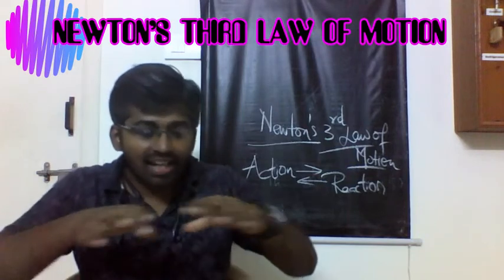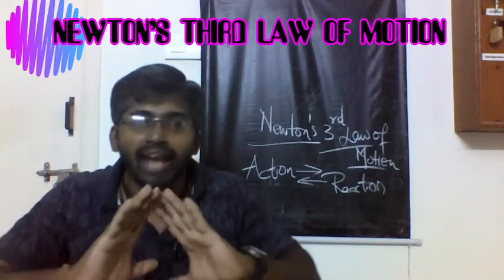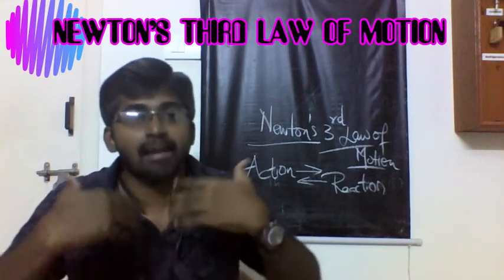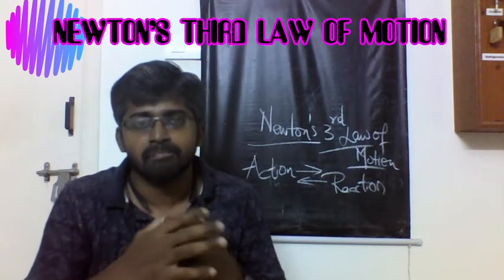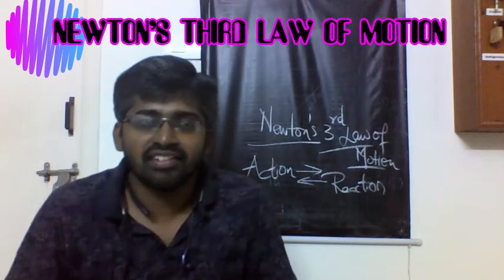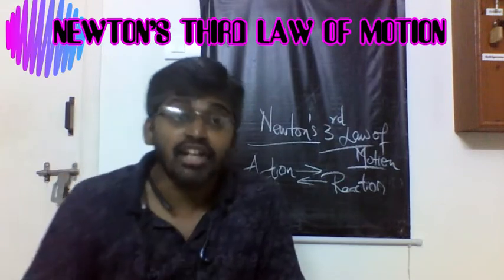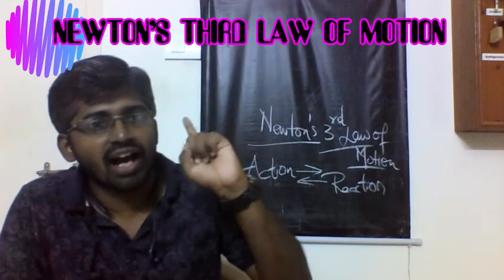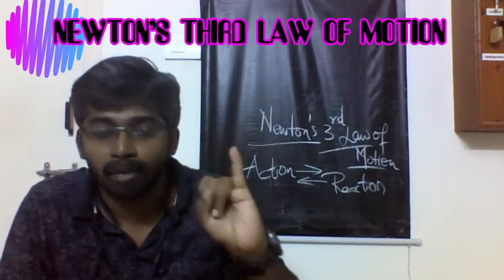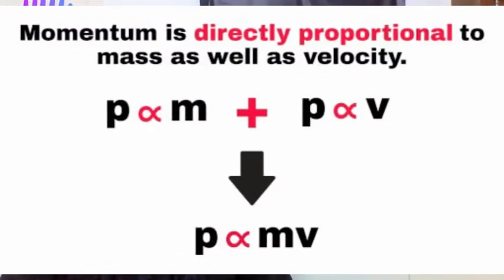And now Newton's second law, you remember? A balanced force cannot make any movement. Once there is an unbalanced force, there is movement. While understanding Newton's second law, we understood the concept of momentum. What is momentum? Momentum is the product of mass and velocity.